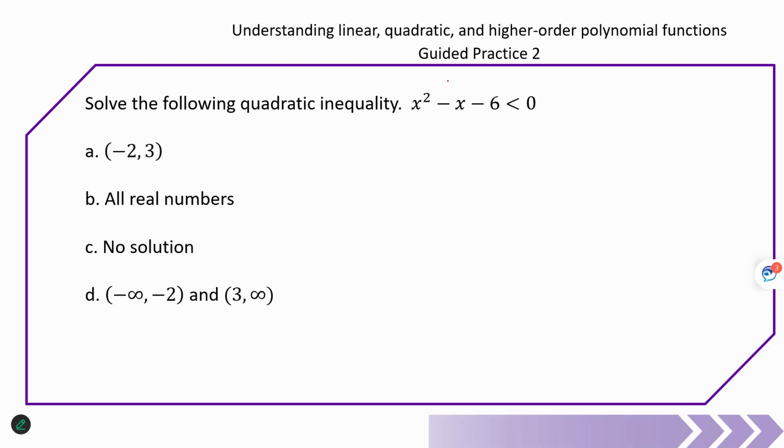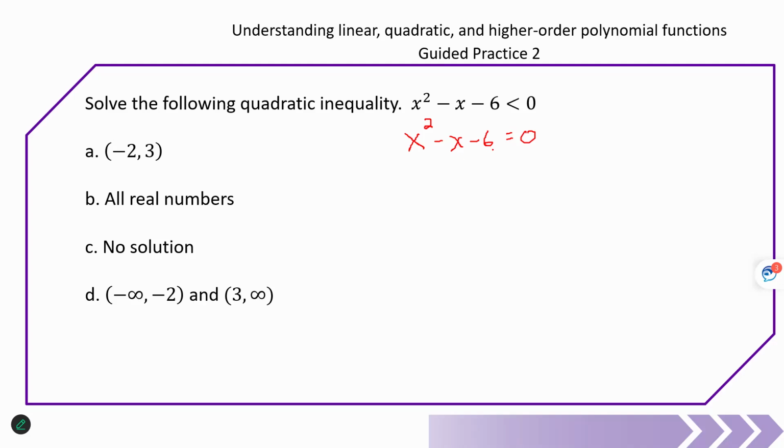So let's go ahead and solve this. And we can find some parts. Usually these are easier to see if you want to graph them. But if we want to solve this, we have x squared minus x minus 6, and let's set it equal to 0 and solve.